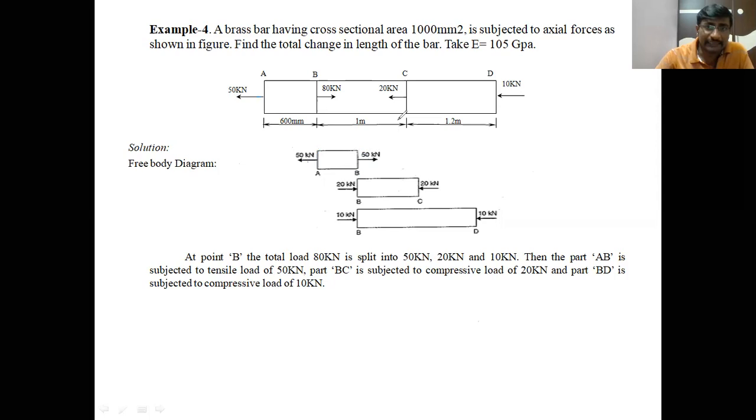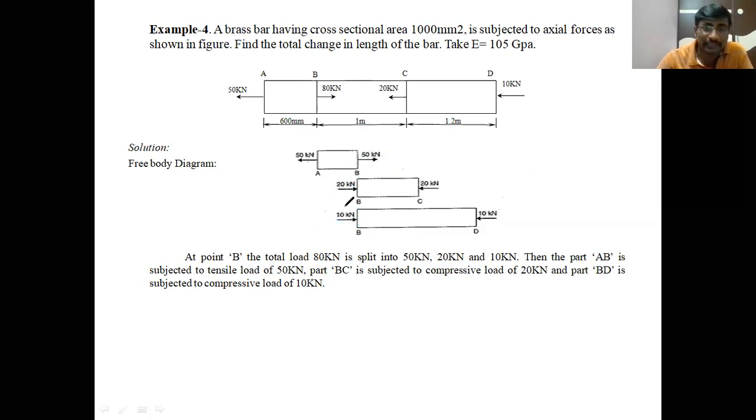Then coming to the second section BC. These are the forces which are acting at point B. That means 50 kilonewtons in the right direction, 20 kilonewtons in the right direction, and 10 kilonewtons in the right direction. The total load acting at point B is 50 plus 20 plus 10, that is 80 kilonewtons.